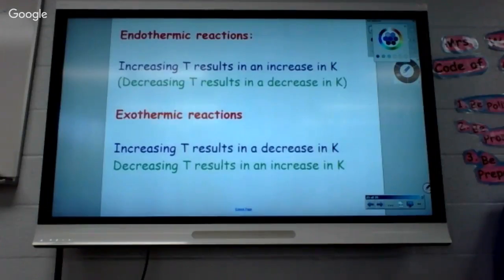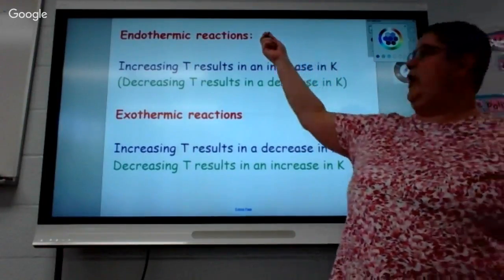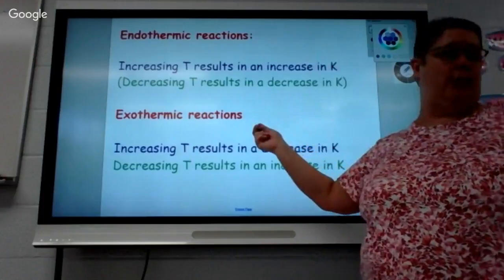Now, you remember last week, I told you that the equilibrium constant K depended on temperature, and I told you we would not learn the rules. Now, these are the rules that actually go with that. K changes depending on temperature. So if you increase temperature, K will increase or decrease depending on whether the reactions are endo or exothermic.